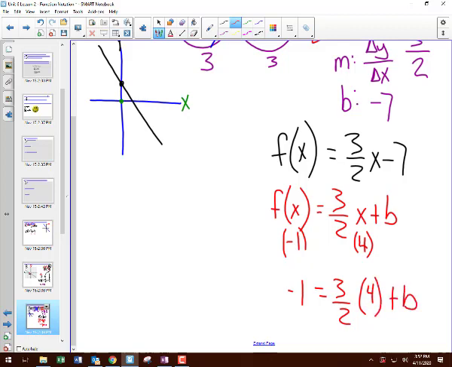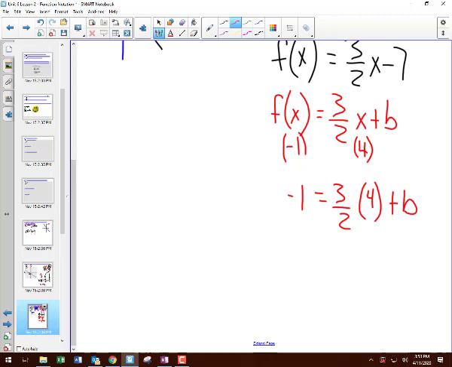Okay, because remember, we're trying to find out what b is in the case that we're not given a 0 in the x value. All right, we're going to go ahead and multiply 3/2 times 4 over 1. We can cross cancel that. So that'll get us negative 1 equals 6 plus b. We're trying to find out what b is, so I'm going to subtract 6.